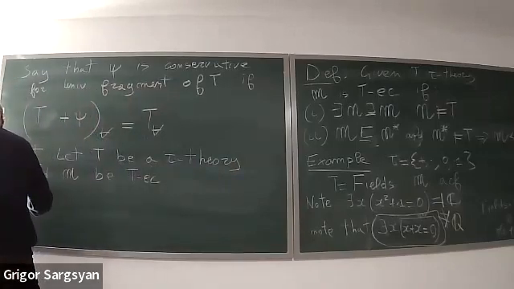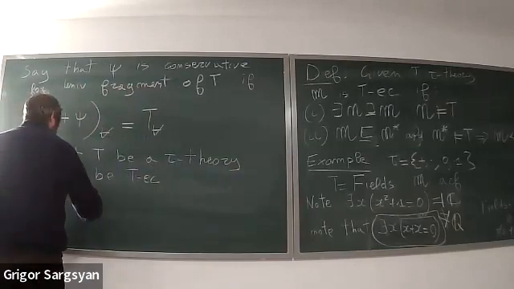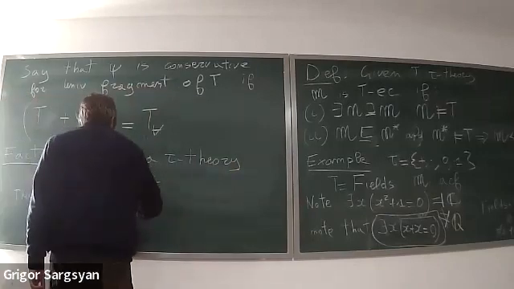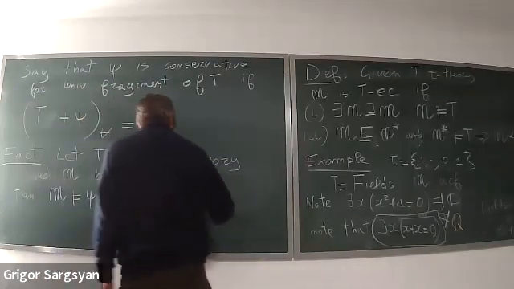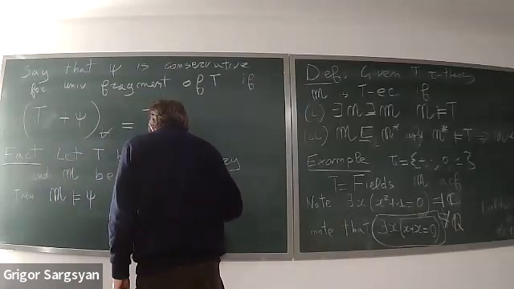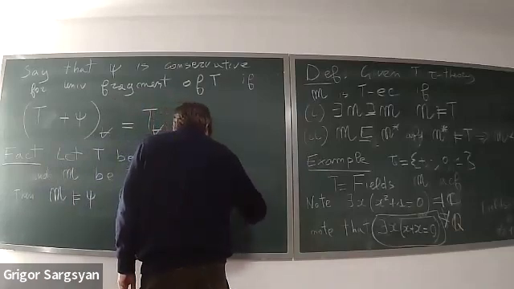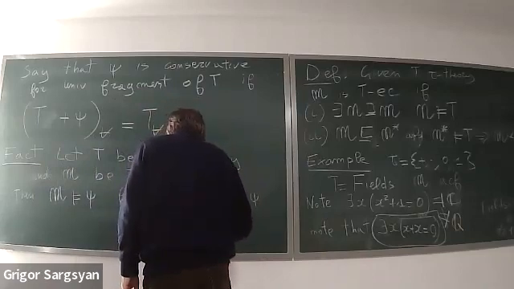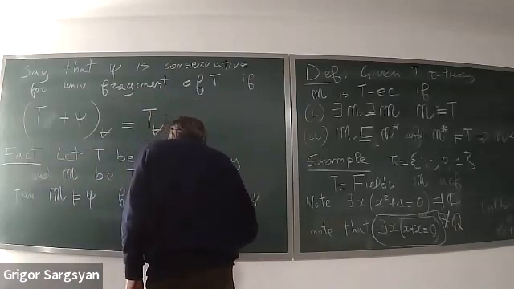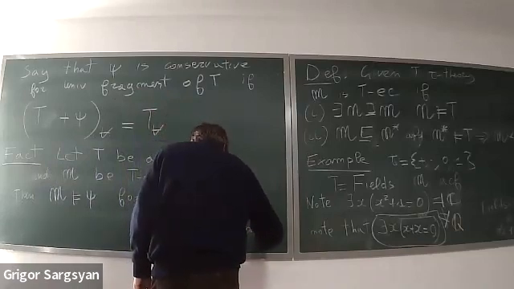Then M models C for all pi 2 sentences C such that T is universally conservative over.